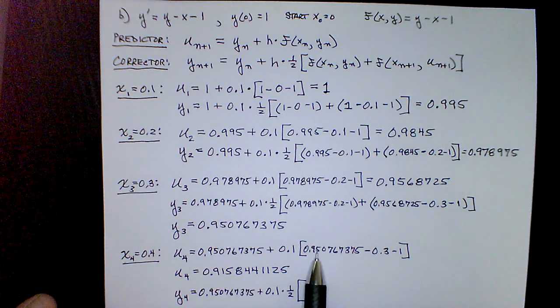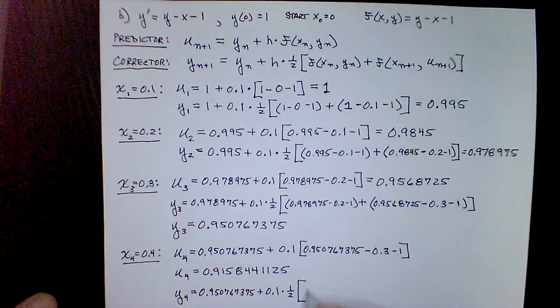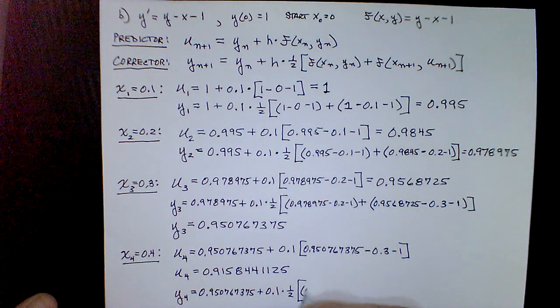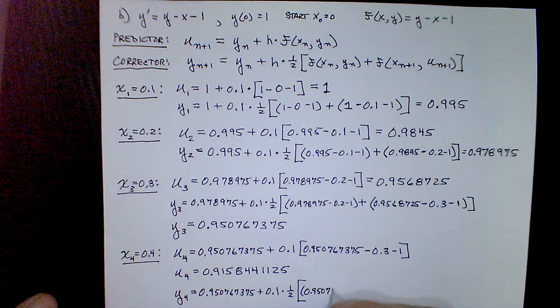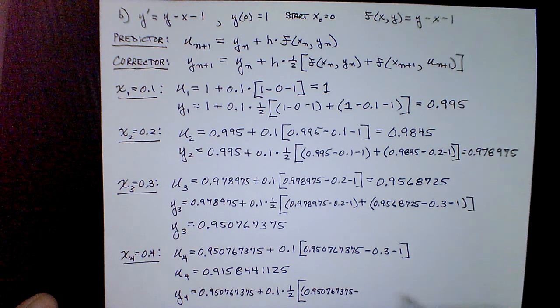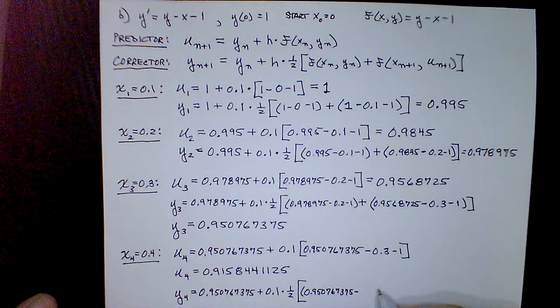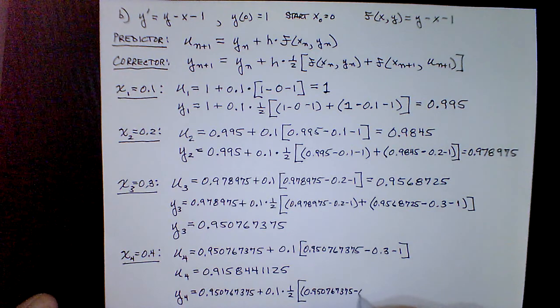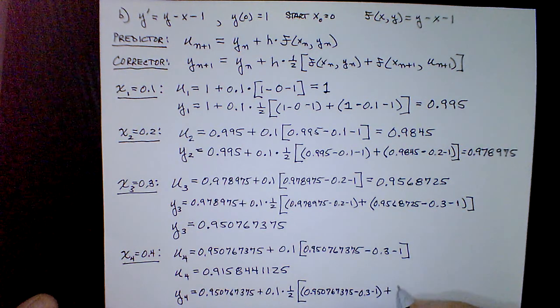And again, the first slope is just the same slope here that we used for u sub 4. So I'm just going to recopy that. 0.950767375, minus 0.3, minus 1, and then plus.